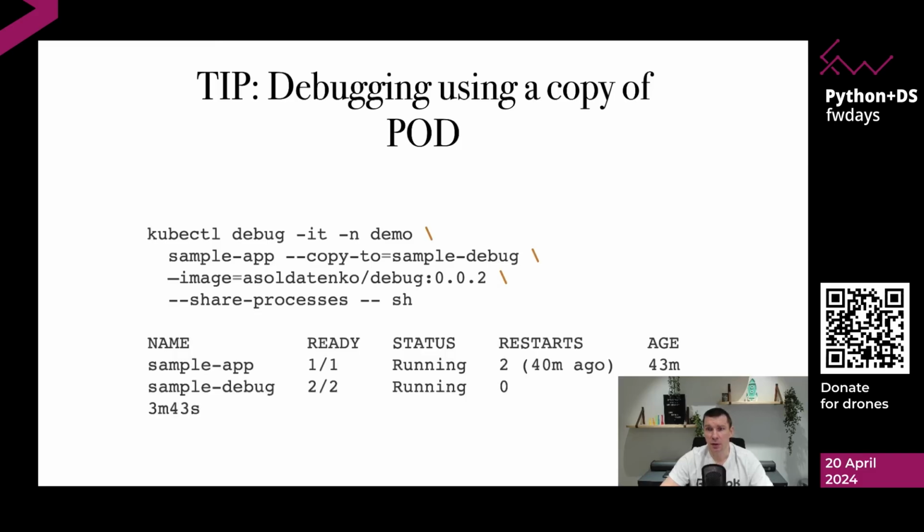Or you can run a debug container, and from the debug container you can telnet to the app. So in this case you don't need to port forward or anything, you can run the debugger directly, and debug directly from Kubernetes.